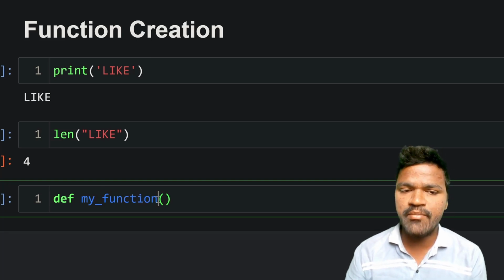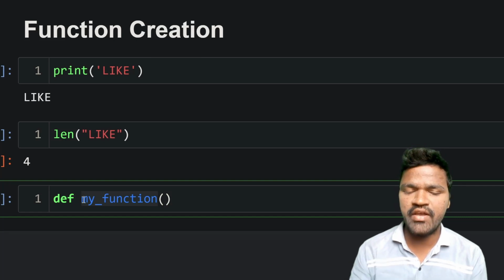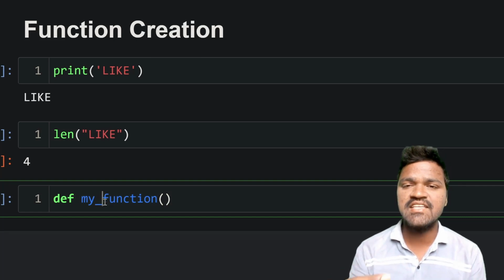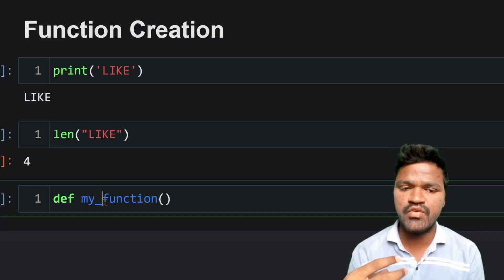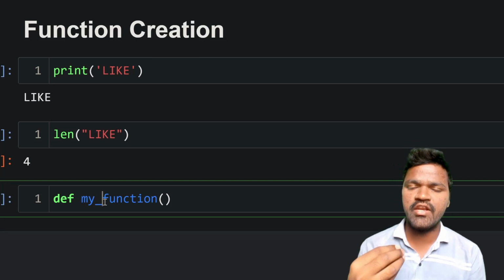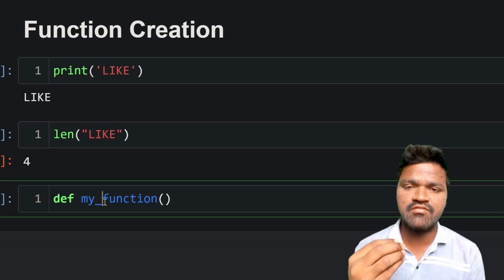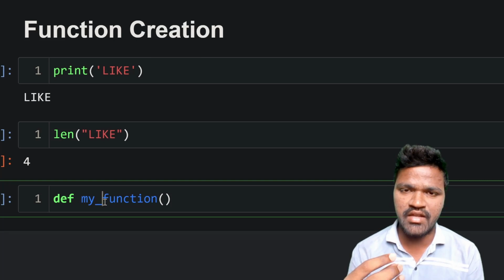The naming convention, how we are defining the names for these functions, is like the naming conventions for variables. In our previous videos, we have seen how the naming convention for variables works. For variables and for functions, the naming conventions act similarly.